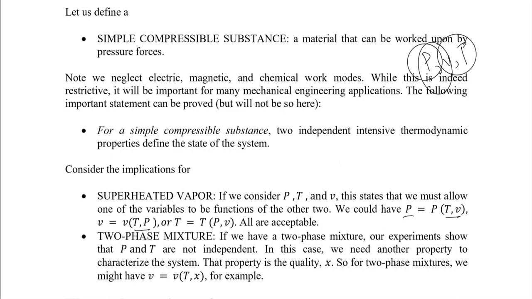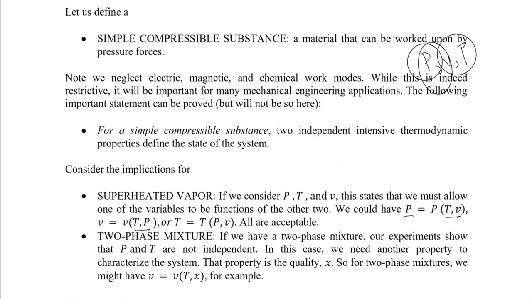But for the two phases mixture, in our last lecture, we talked about the dependency of the pressure and temperature inside the vapor dome. If I keep the pressure constant, then inside the vapor dome the temperature also remains constant.